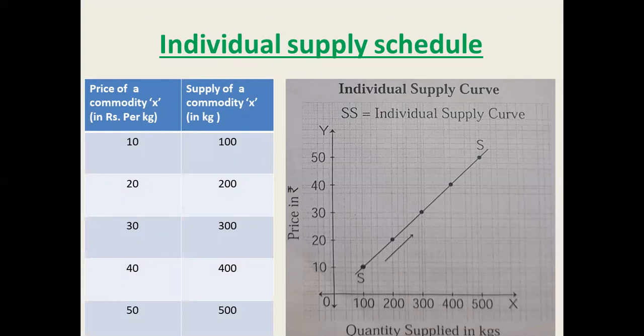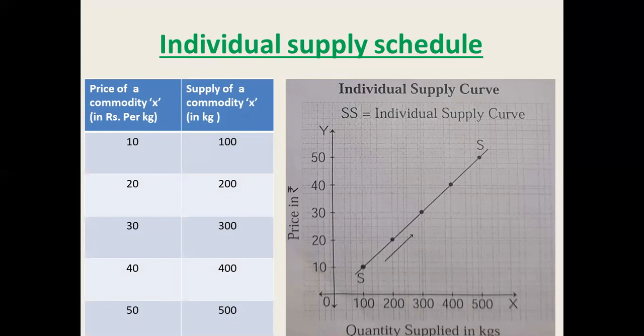The next column is the supply of commodity X. At 10 rupees per kilogram, the supply is only 100 kilograms of commodity X. If you look at the columns, every price shows the direct relationship between price and supply. At 50 rupees per kilogram, the highest price in the column, the supply is 500 kilograms. Rising price means rising supply.